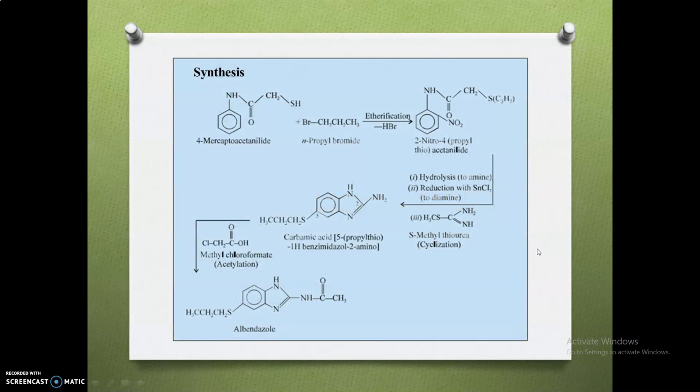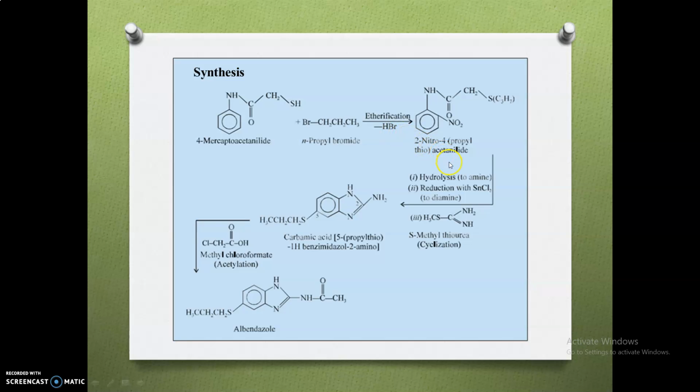Now, synthesis. Here, the etherification of 4-mercaptoacetanilide with n-propyl bromide gives rise to the formation of 2-nitro-4-propylthioacetanilide with the liberation of 1 mole of HBr.